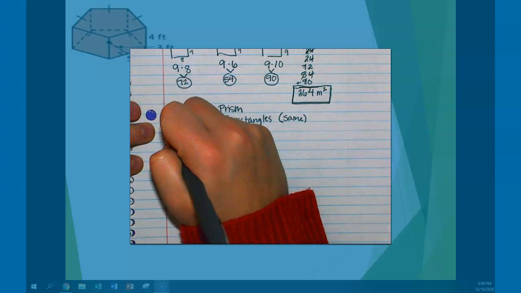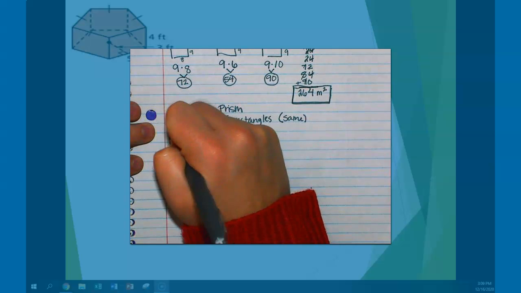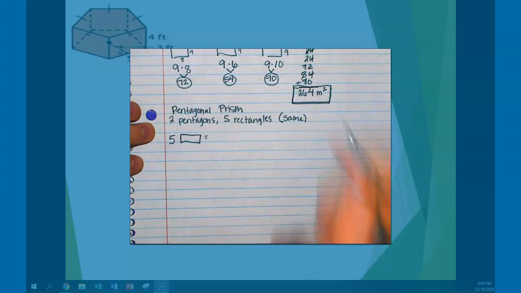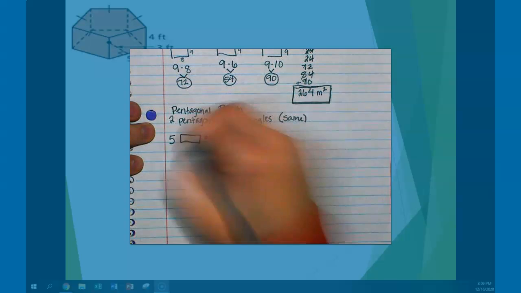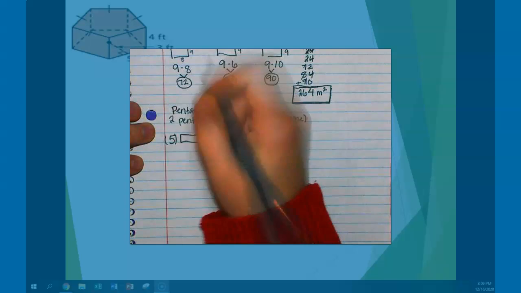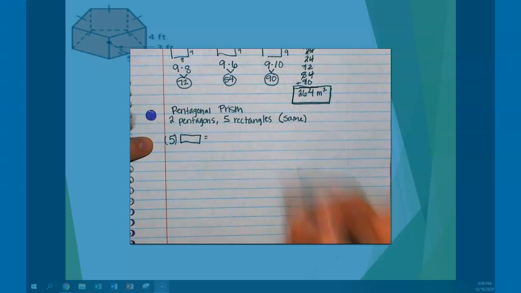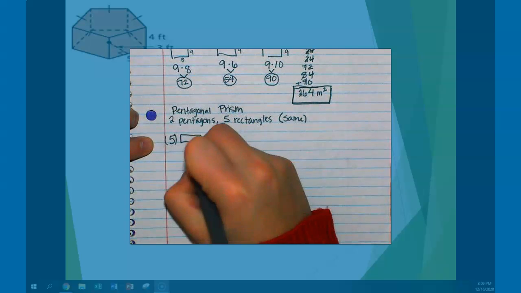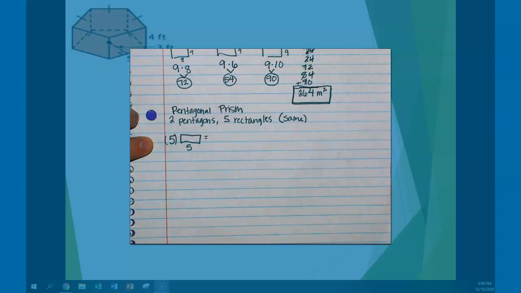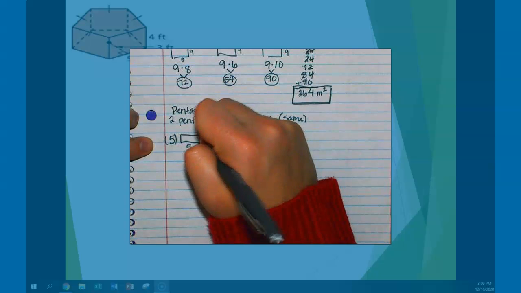I like to write 5 rectangles, just so I know I can multiply my answer by 5. So the rectangles are going to be 5, and I'm going to put that in parentheses so we know there are 5 of them. The base is going to be 5 because of this length right here, and our height is going to be 4.